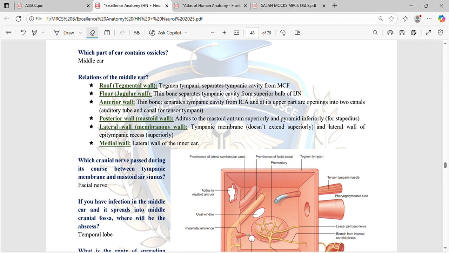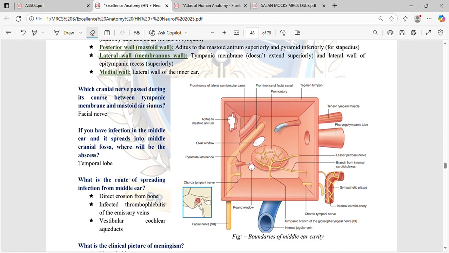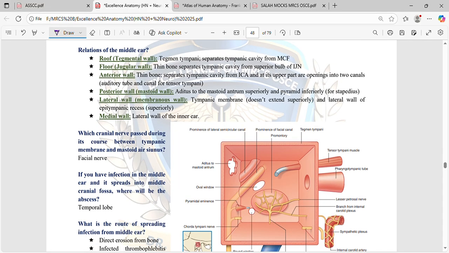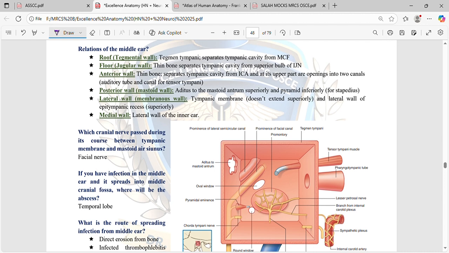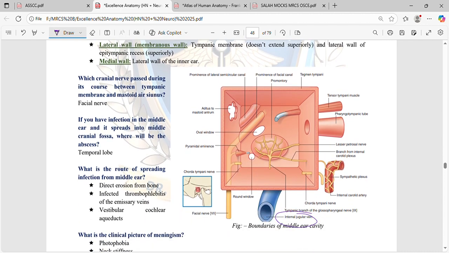The floor is the jugular wall, a thin bone that separates the tympanic cavity from the superior bulb of the internal jugular vein, not nerve. So floor, the jugular wall, this one.